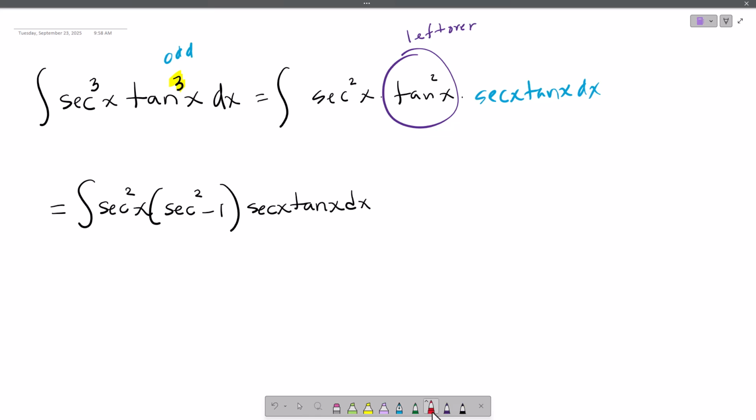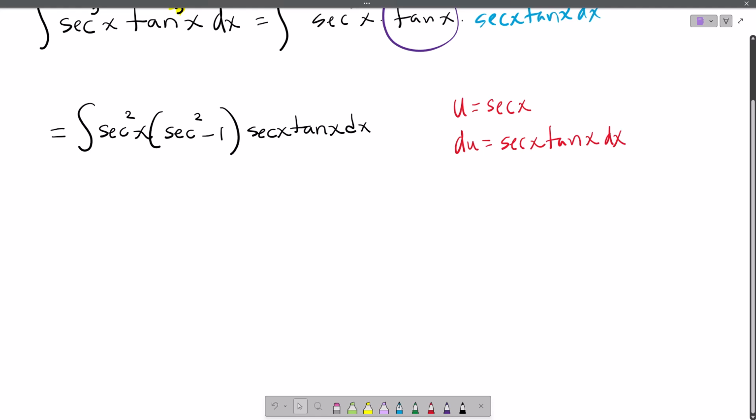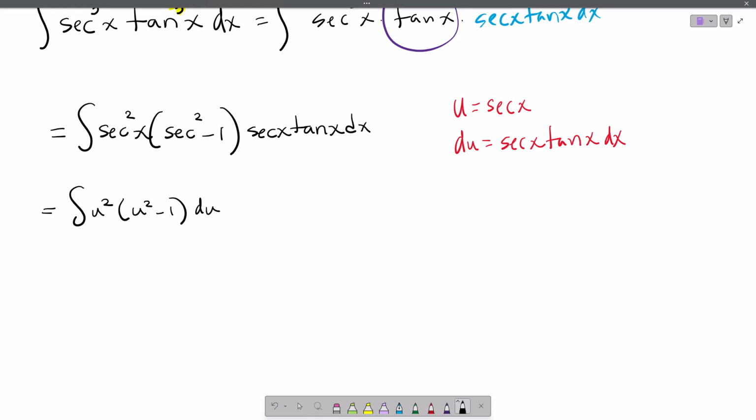So now we're ready for our u substitution. If we let u be secant, then du is secant times tangent. All the trig functions vanish instantly here. We have u squared times u squared minus 1, and secant times tangent times dx is du.